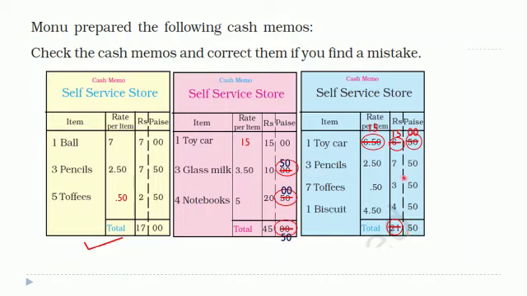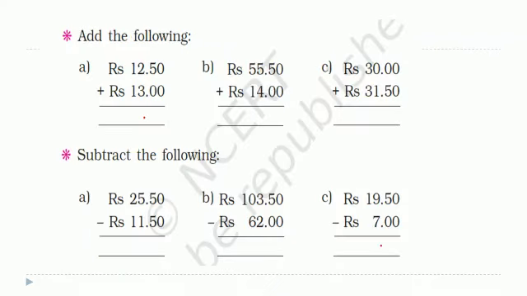So 5 here and 1 is carried. So when we add here 7 plus 3 is 10, 10 plus 4 is 14, plus 5 is 19, and 1 was carried. So 20. So 0 will come and 2 will be carried. So 2 plus 1 is 3. So when you calculate here, we will get 30 rupees. So the total amount is 30 rupees and 50 paise.